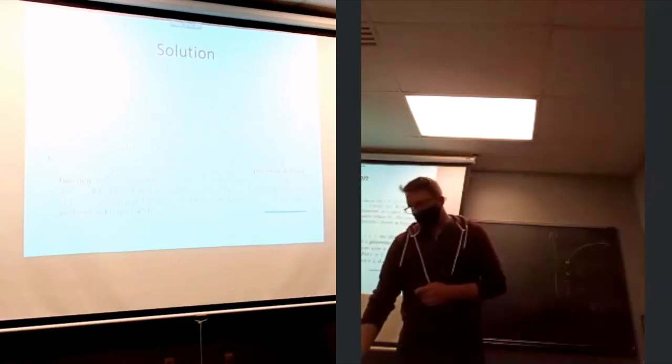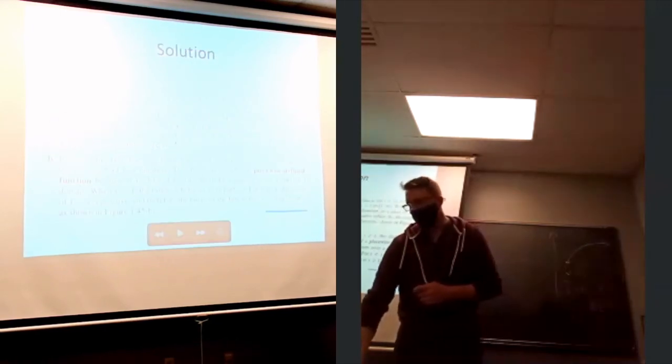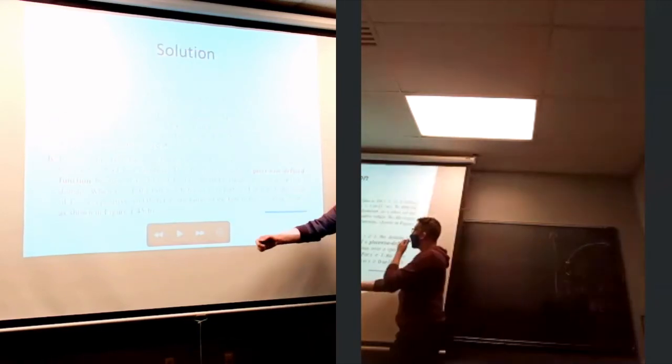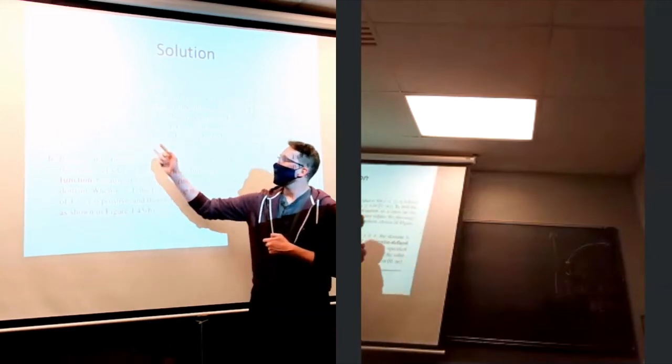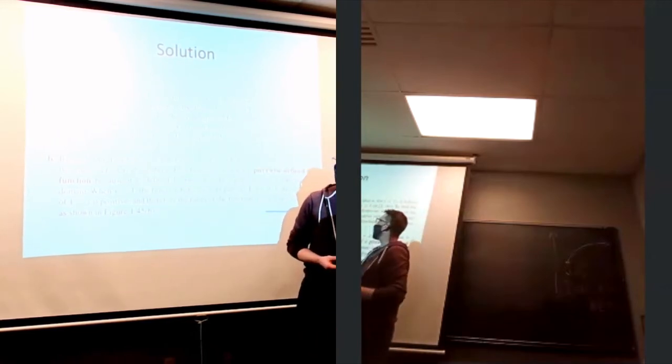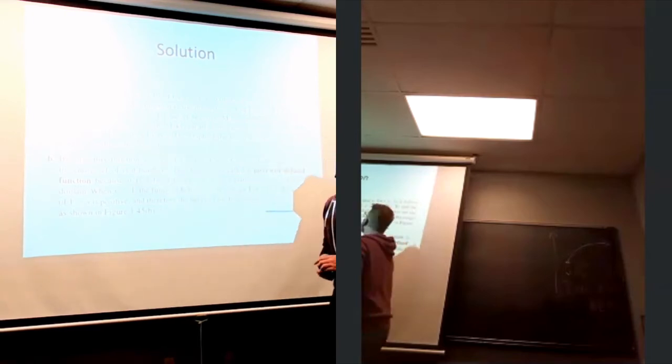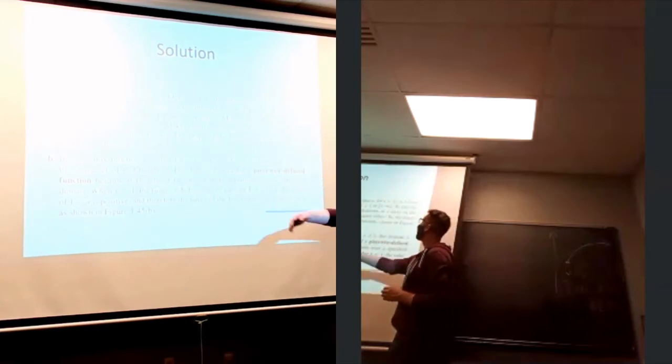So, jumping ahead, we get at the same idea, right? The range can be thought of as y greater than or equal to 0, or as an interval. Similarly, the range.